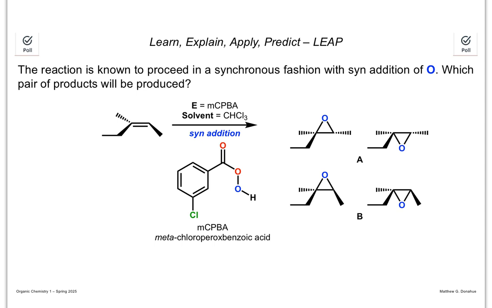So A is incorrect. And can you give me a reason why? Because that carbon on the right got flipped. So the point here is that, see this methyl group's pointing out towards us? Over here it's away.